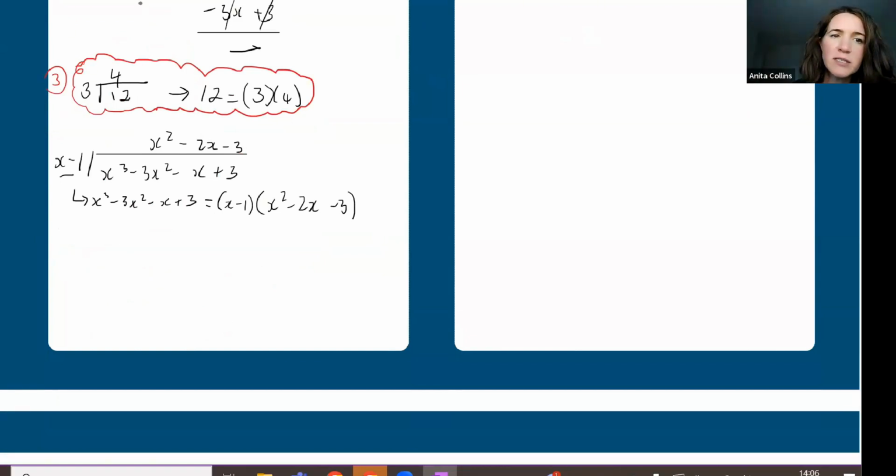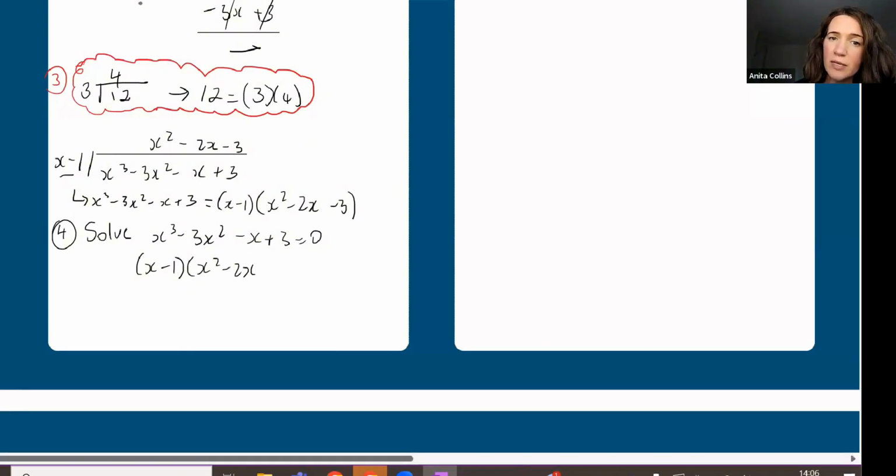I am trying to solve, step 4 then, I'm asked to solve x cubed minus 3x squared minus x plus 3 is equal to 0. But I know that cubic is the same as x minus 1 times x squared minus 2x minus 3 is equal to 0. I'm going to go one more step because I want all linear factors. The first one is a linear.